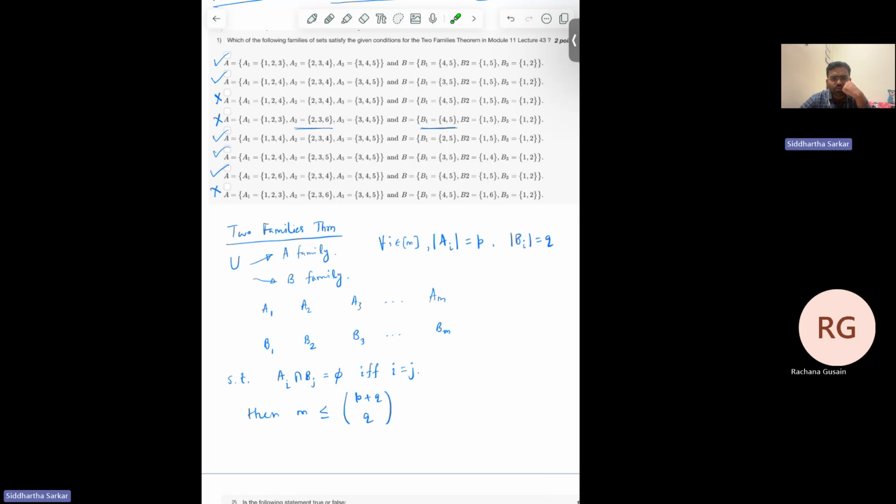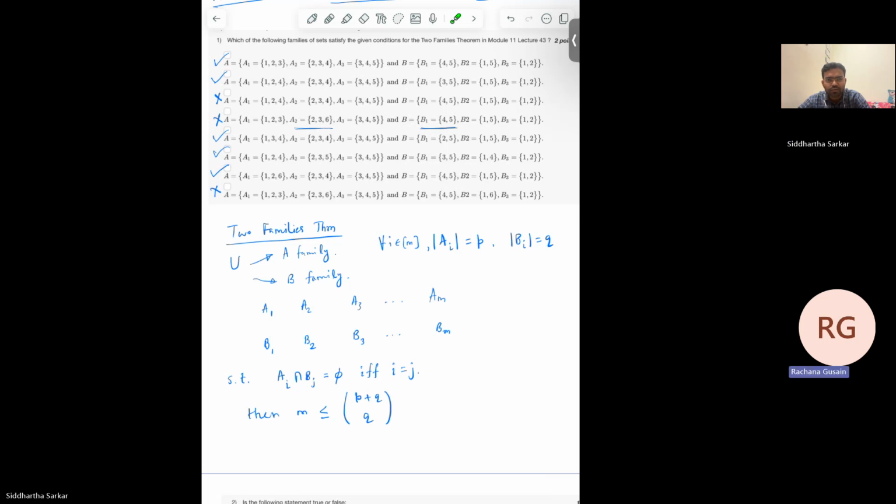A Sperner system is with respect to one family of subsets from the universe. This says that for a finite set S with n elements, the largest size of a Sperner system, that is a family of subsets where no subset is contained in another, is given by this formula, n choose n by 2. I think that result implies this two families theorem.